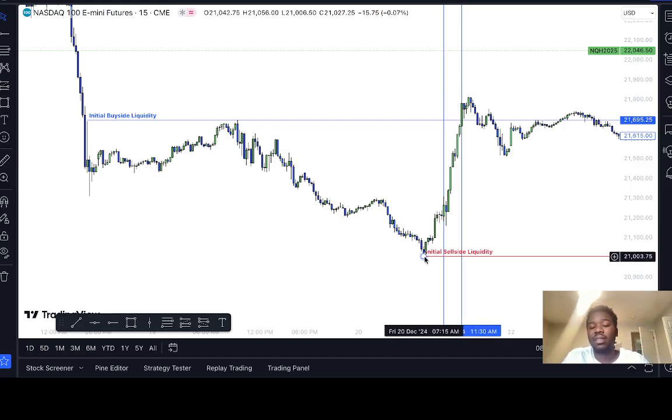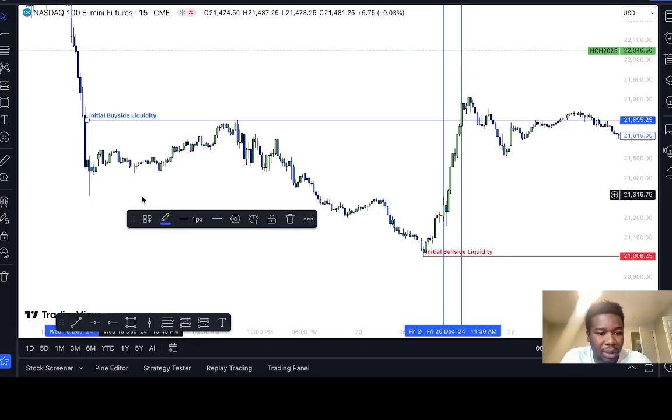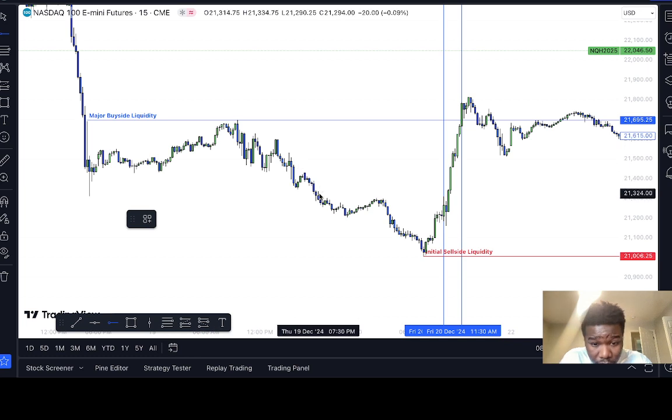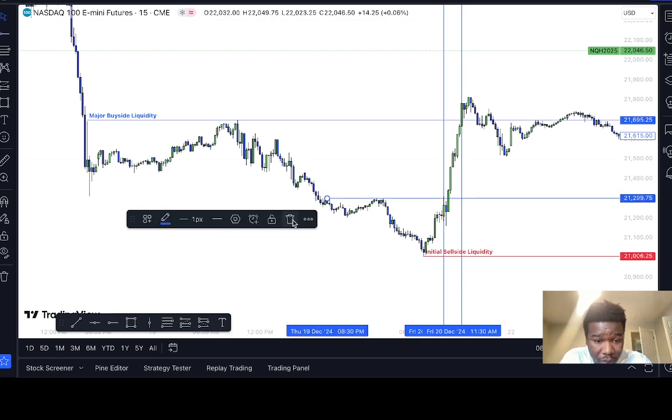So now that we have buy side, actually we can add. I'm gonna put this as major buy side. Then this is a high right there, so these are equal highs as well. So I'm gonna just put this as initial buy side.